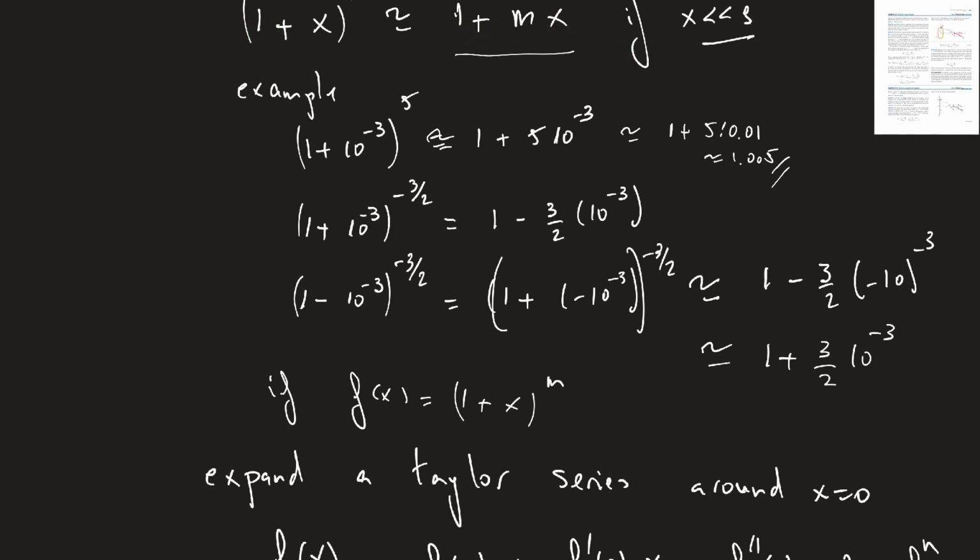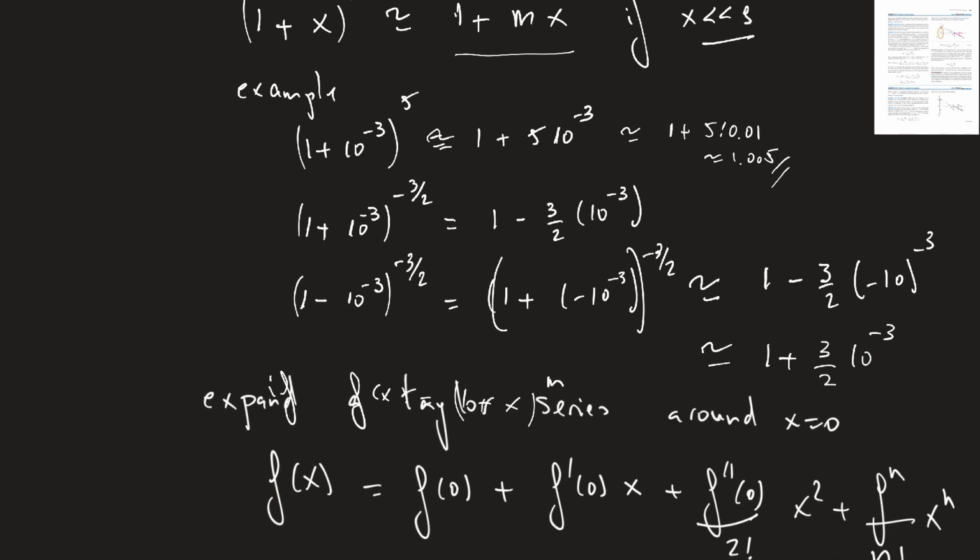And the idea of this approximation is to take this function and expand it in a Taylor series around x equals 0.